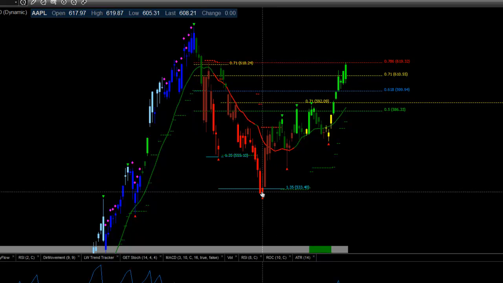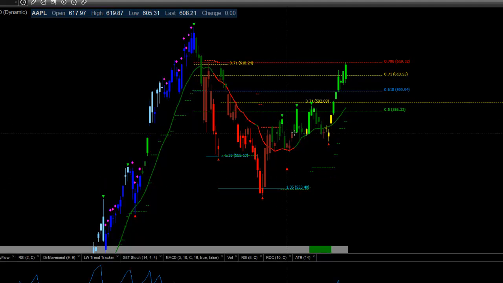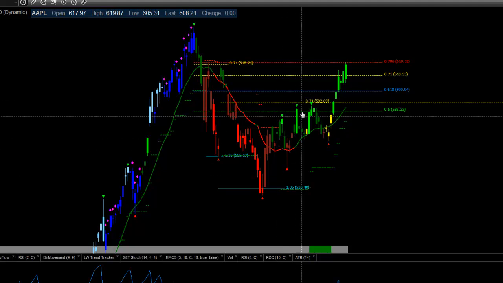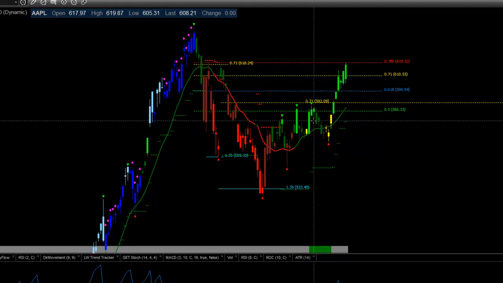And on the 18th, I blogged in real time that I thought that could be an important low for Apple, and there were time reasons for it as well, and sure enough, it was. So time symmetry works, and I'll show you on the 60-minute chart what happened yesterday in terms of time symmetry. But this is where we are in the daily chart.